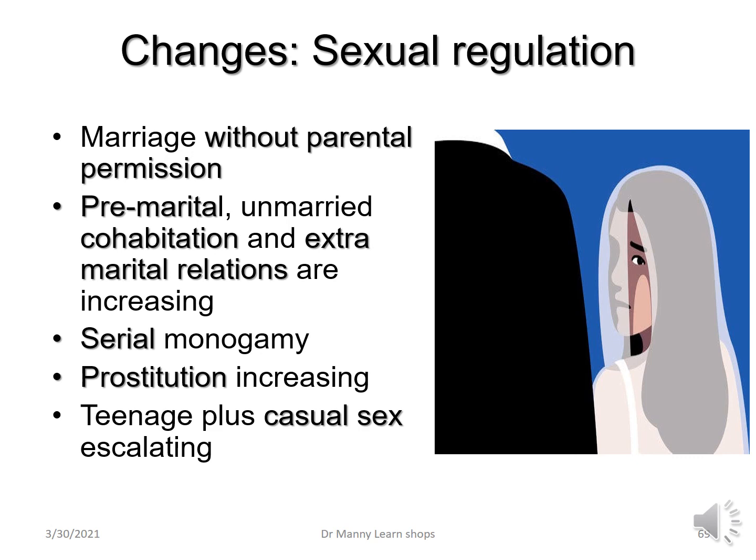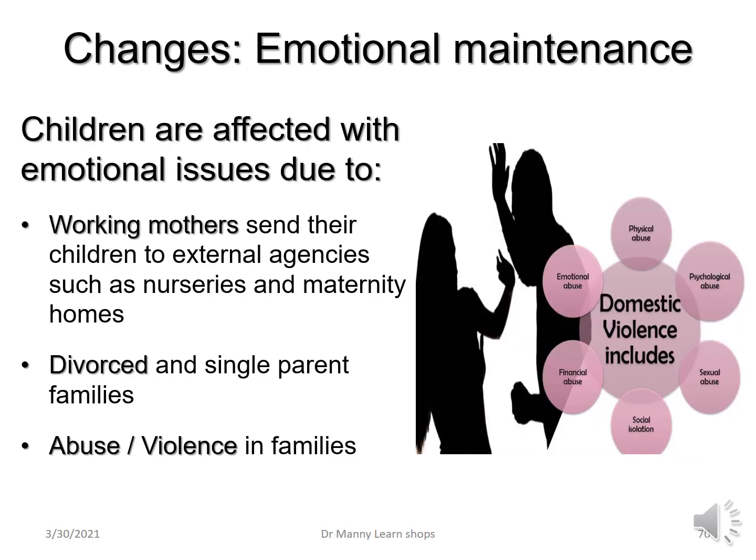Then you've got emotional maintenance as a change factor. Children are affected with emotional issues due to their working mothers. They send them to external agencies such as nurseries or maternity homes. There are more divorces, so divorced and single parent families are increasing, and you've got abuse and violence occurring in families.